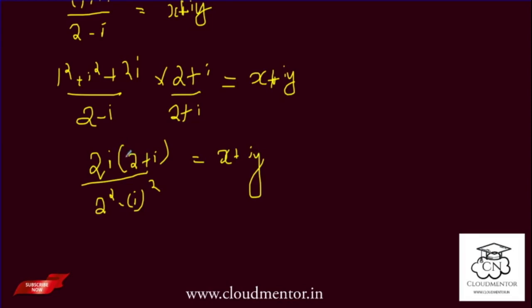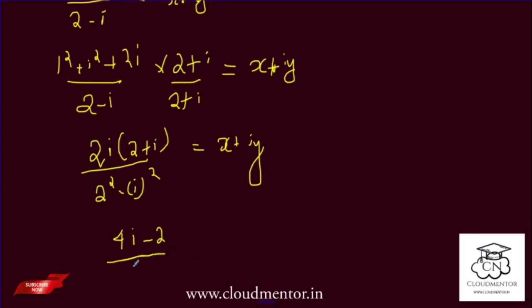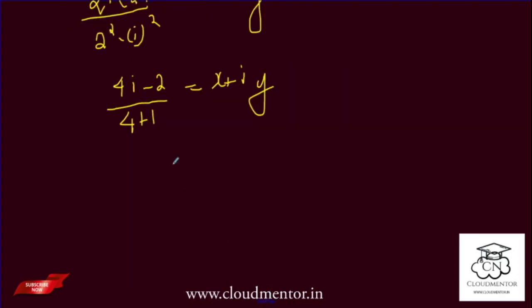Okay, then multiplying with 2i, we get 4i, and i times i is minus 1, so minus 2, 4i minus 2 divided by 4 minus (minus 1). i square is minus 1. So 4 plus 1, that is 5. So that's equal to x plus iy, and we get 4i divided by 5 minus 2 by 5, and that's equal to x plus iy.